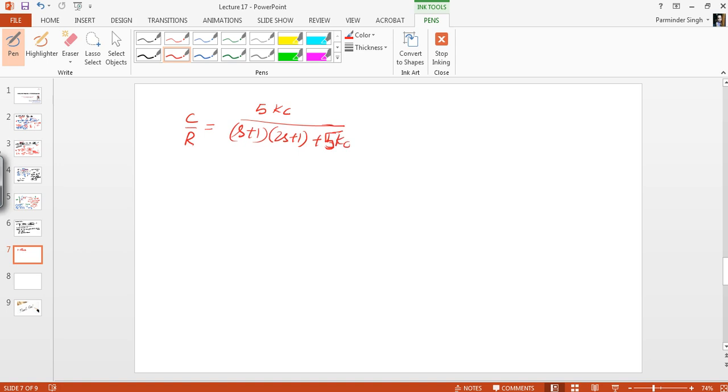That's my overall transfer function of the block, that is C by R. Now using Kc as 1.6, this comes out to be 8 upon 2s square plus 3s plus 9. Clear? Again I can write the denominator in the standard form. So we have 8 by 9 upon (2 by 9 s square plus 3 by 9 s plus 1), and that is C by R of s.